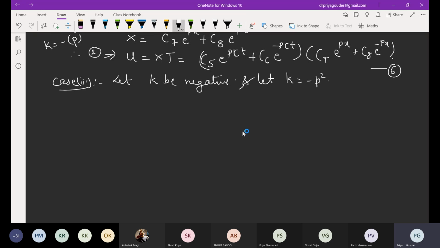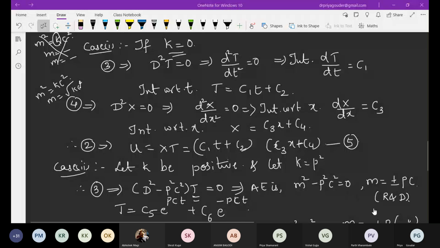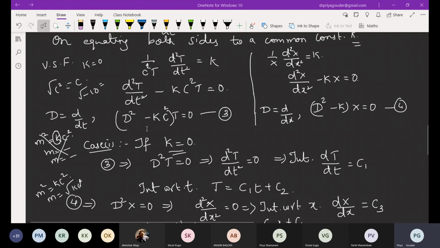Now let us substitute in equation 3. What will we get? First equation is d square minus k, substitute k as minus P square: minus into minus gives plus.